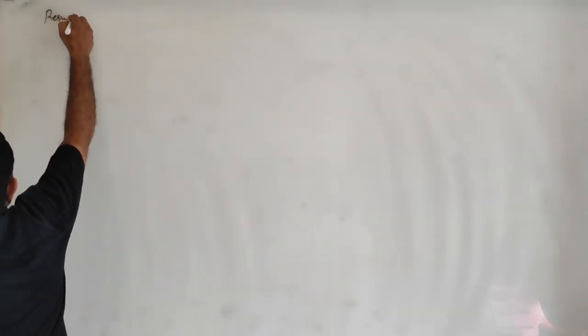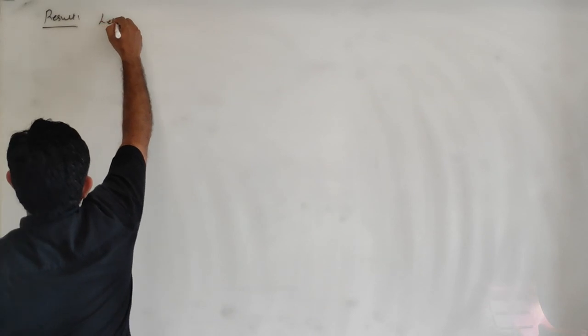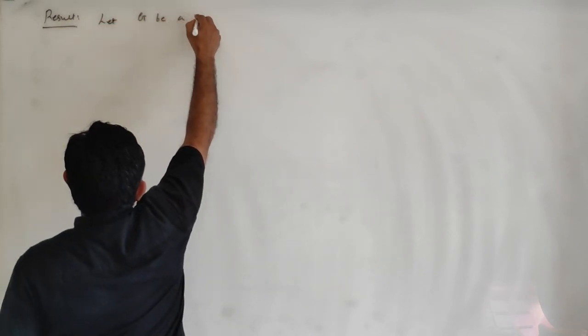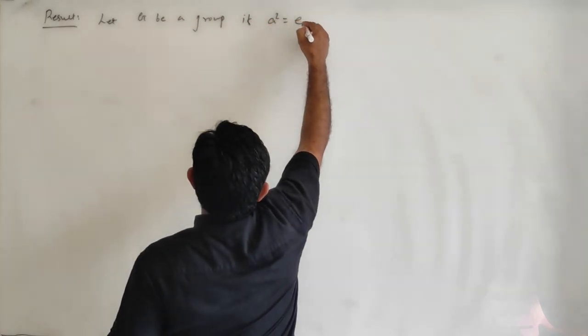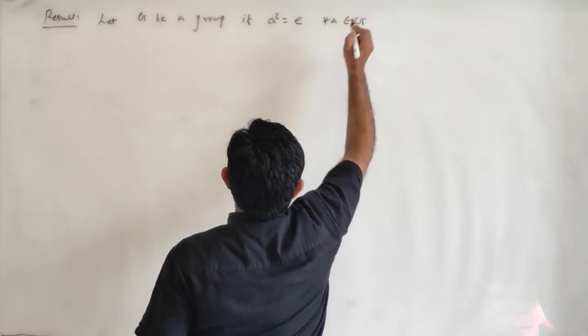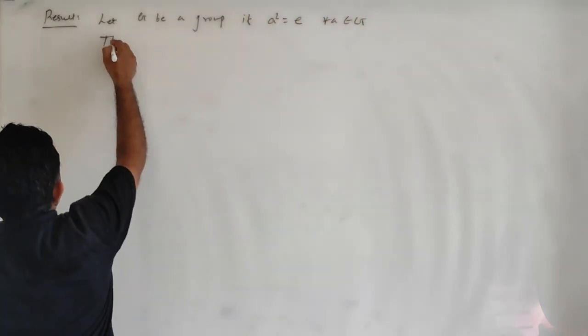Okay, now let us see one more result. Let G be a group. If a square is equal to identity for all a belonging to G, then G is abelian.